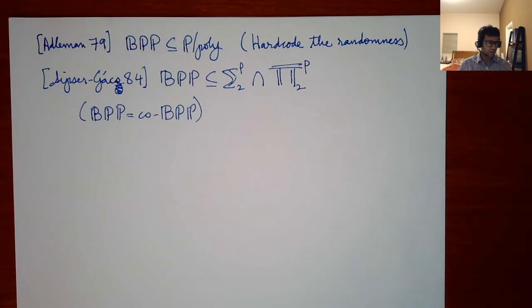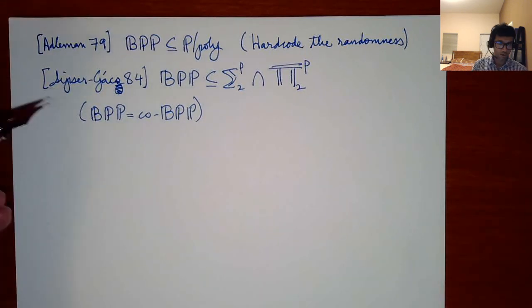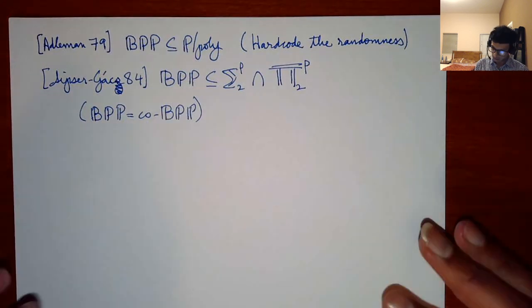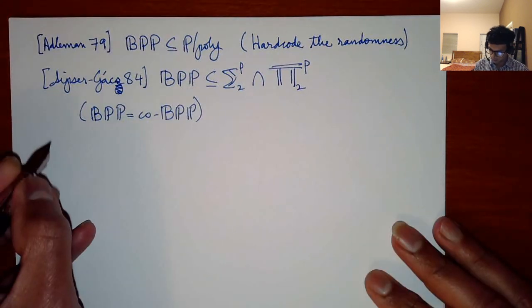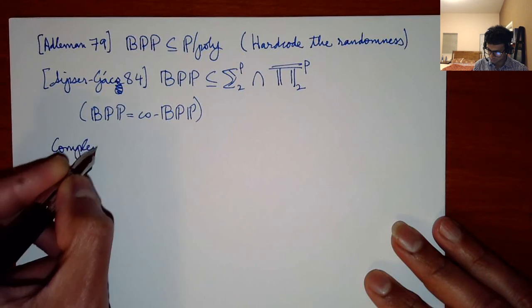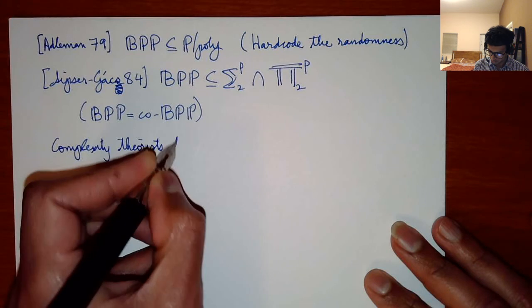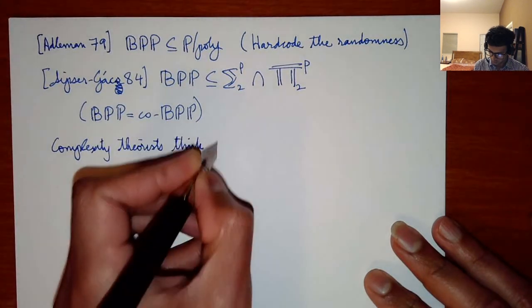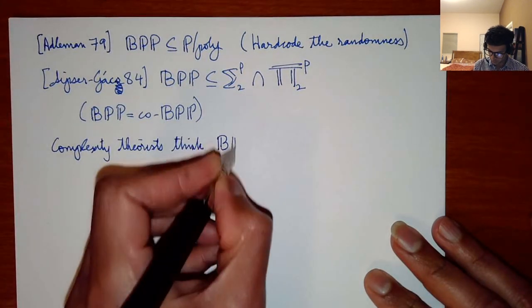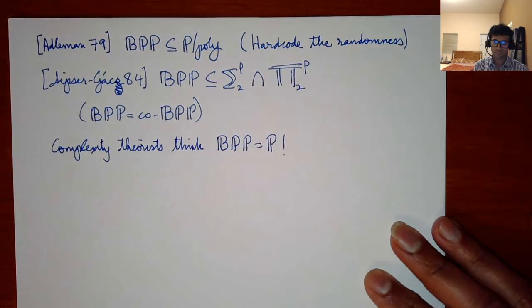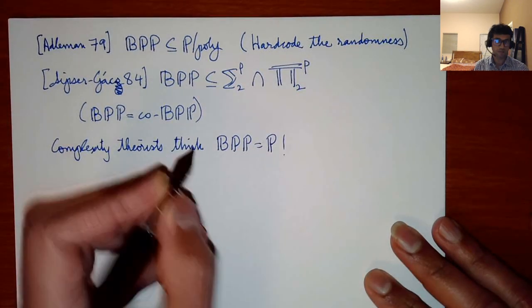And so you might ask, what do we think about BPP? BPP seems to give a lot of power. Because it's probabilistic polynomial, there are all these interesting algorithms that we can get. We proved it's in the polynomial hierarchy, but remarkably, complexity theorists think that BPP is actually equal to P. They don't think that randomization gives you extra power.